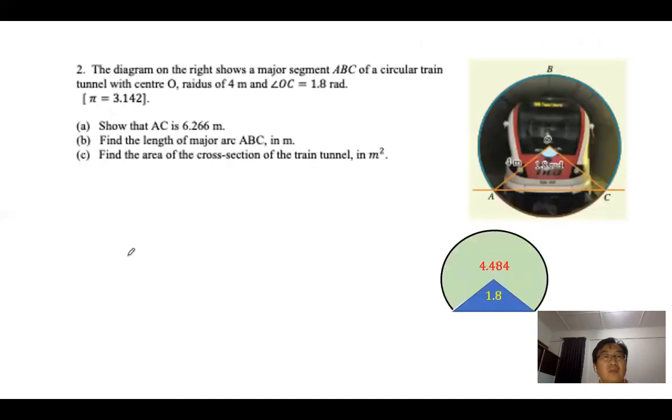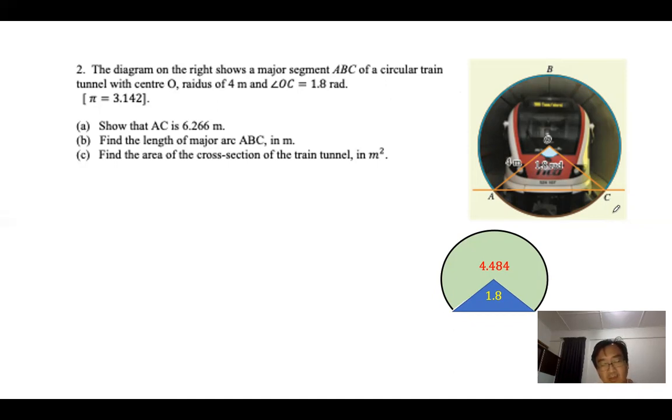So next, we have this question from your textbook, right? You can see here it's quite blur, so I transform it into a diagram later on. So let's read the question first. This is also a hot question.